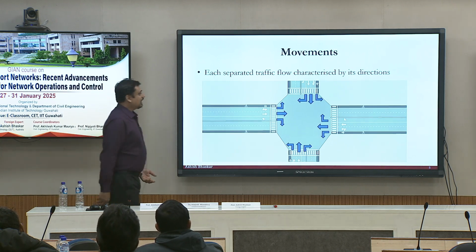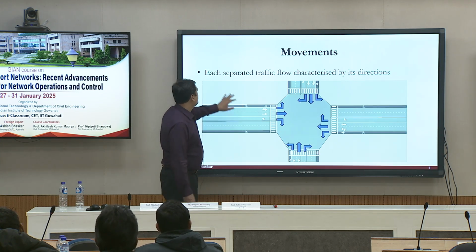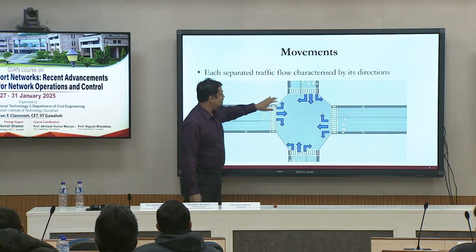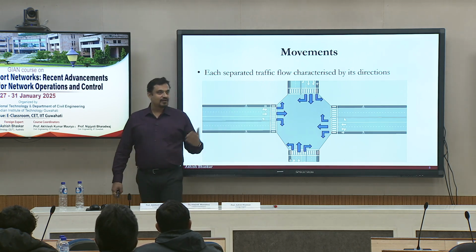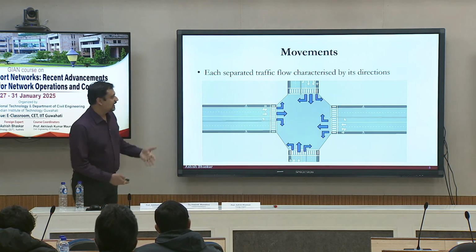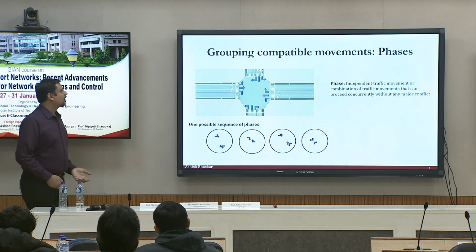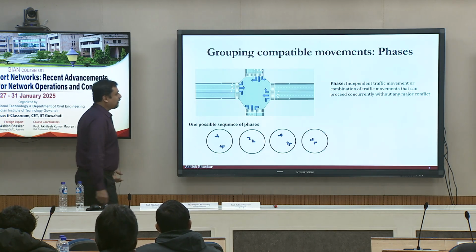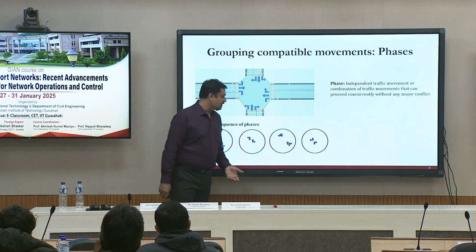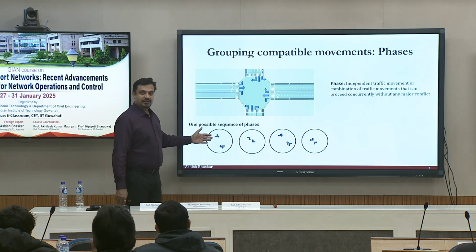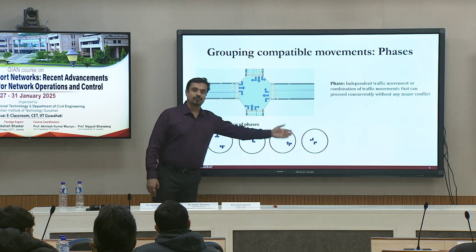There are some definitions like movement, which is each separated traffic flow characterized by its direction. These are movements like through movement, left movement, the right movement, which I believe you understand when I use the word movement. We can group the compatible movements to define a phase. I can have one phase like this, second phase, third phase, fourth phase.